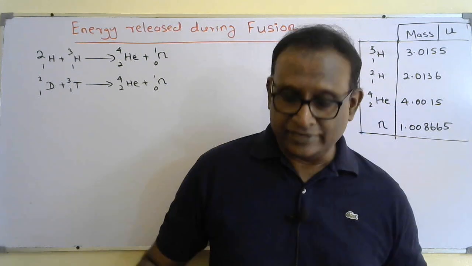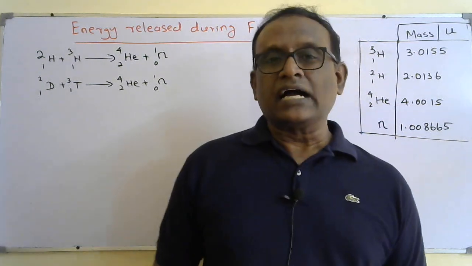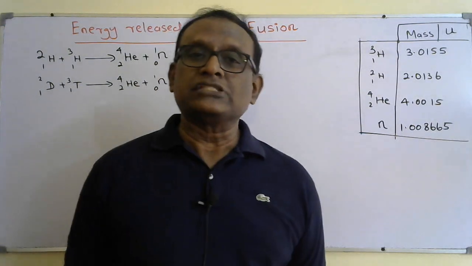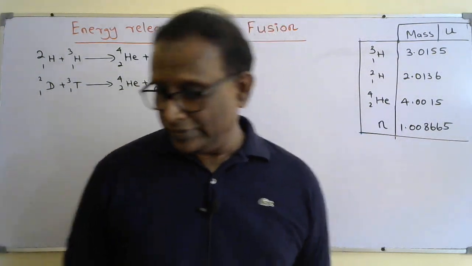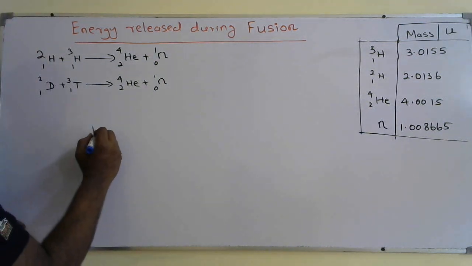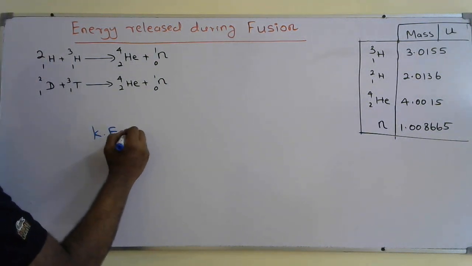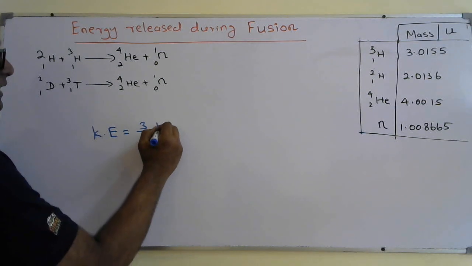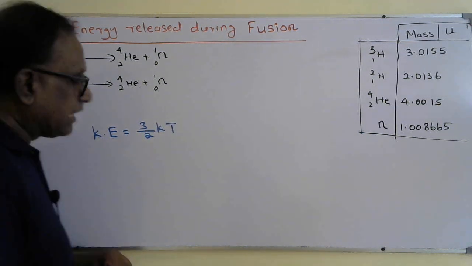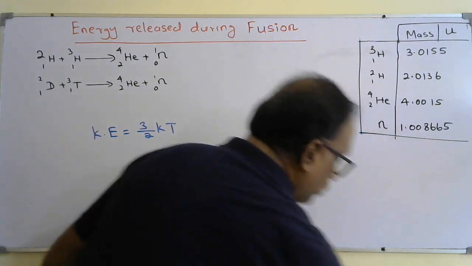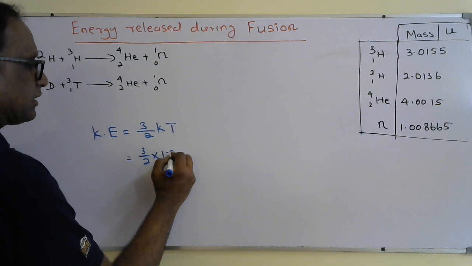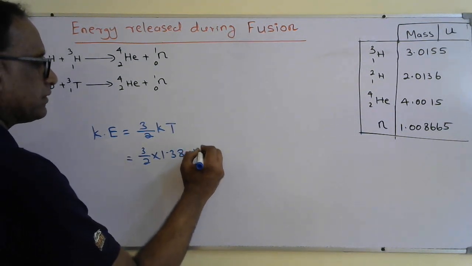Okay, how much will be the kinetic energy of deuterium and tritium at a temperature of 15 million Kelvin? We can calculate that first by using the same equation we use in thermal physics. Kinetic energy equals 3 by 2 kT, an approximate way we can calculate it. K is the Boltzmann constant, so 3 by 2 times 1.38 times 10 to the power minus 23.